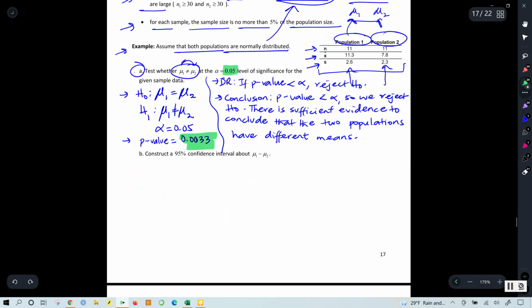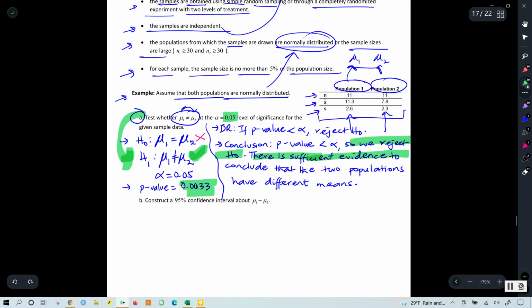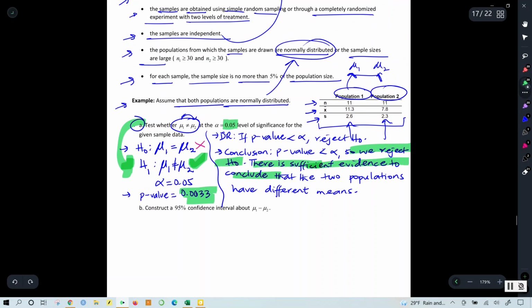Remember, that's what we wanted to test. There must have been sufficient evidence in the sample data gathered to conclude that the two populations have different means, not equal to.